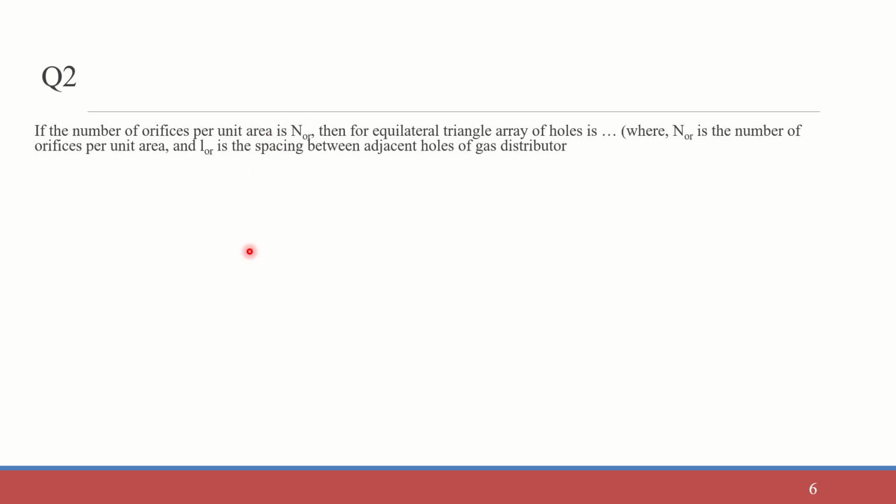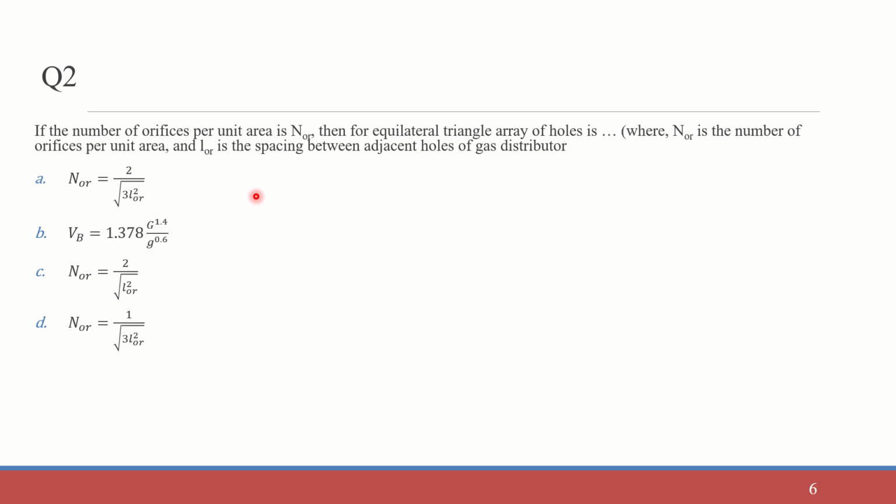Now let us see the options. The first one is NOR equal to 2 by square root of 3 LOR square. The second one is VB equal to 1.378 G 1.4 by G 0.6. C: NOR equal to 2 by square root of LOR square. And last, NOR equal to 1 by square root of 3 LOR square.